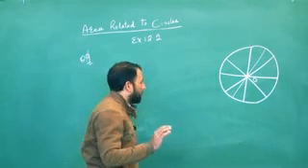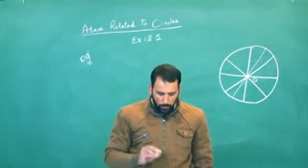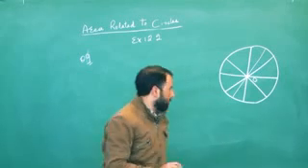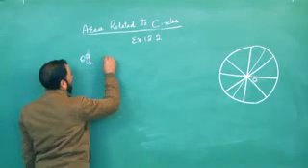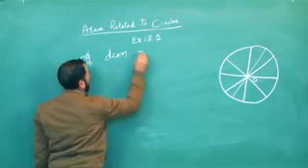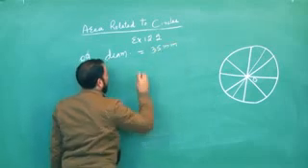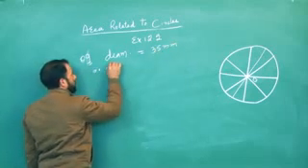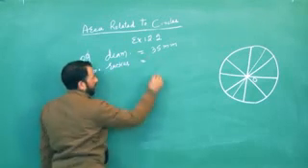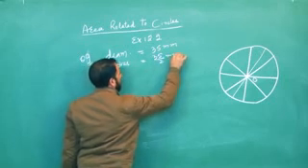So the first part is: what is the total length of the wire required, and the area of each sector of the brooch. For question number 9, diameter equals 35 millimeter. Therefore, radius is equal to 35 divided by 2 millimeter.